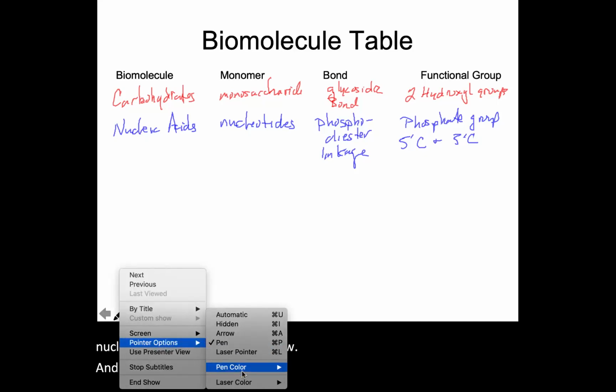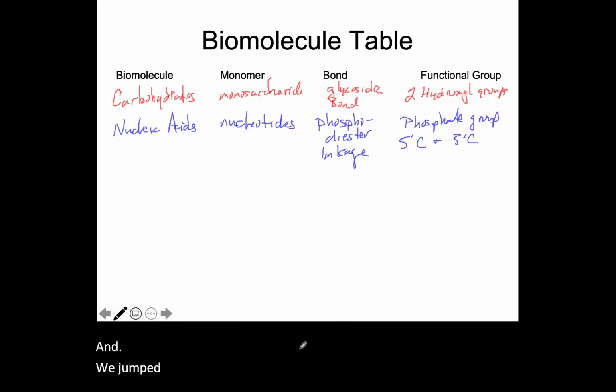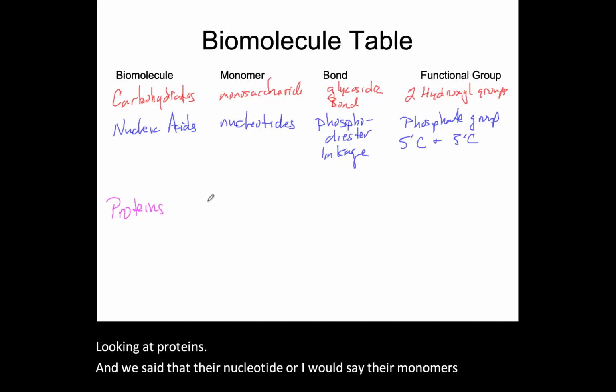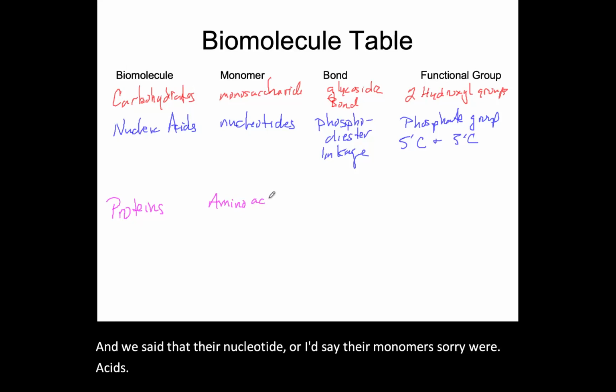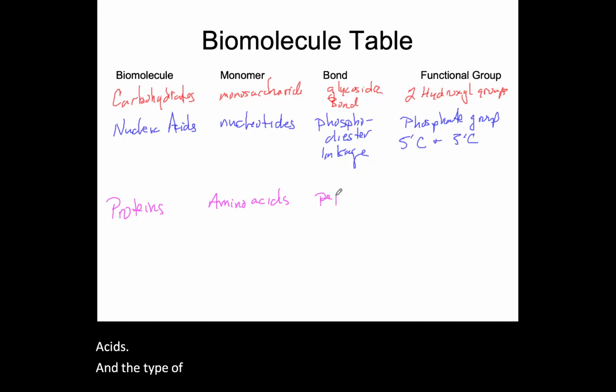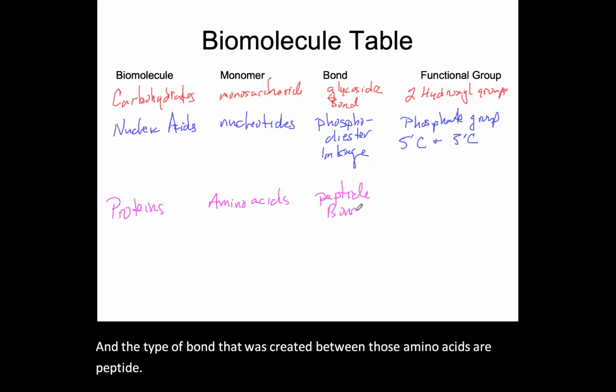And then we jumped into looking at proteins, and we said that their nucleotide, or I'm sorry, their monomers, were amino acids, and the type of bond that was created between those amino acids are peptide bonds.